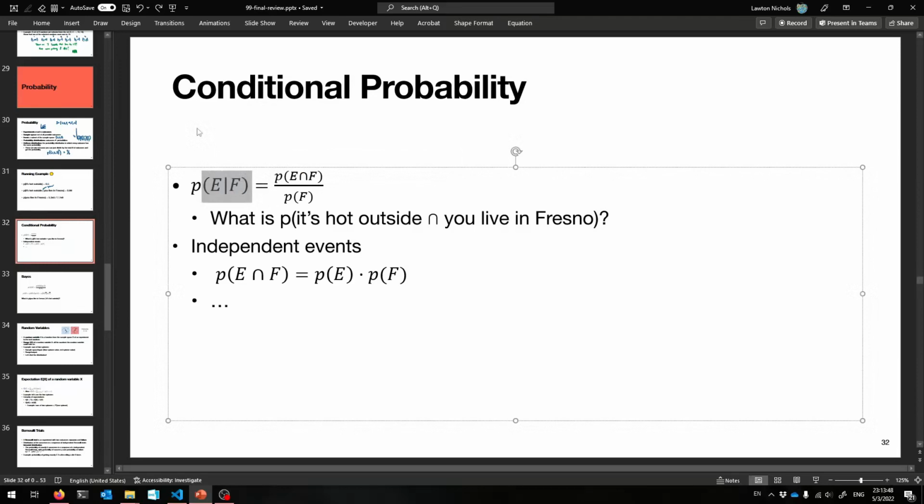That's using the idea that we know that F has happened to give some more information about E itself. It's the probability that E and F have both happened, their intersection, over the probability of F. That's the new updated probability.